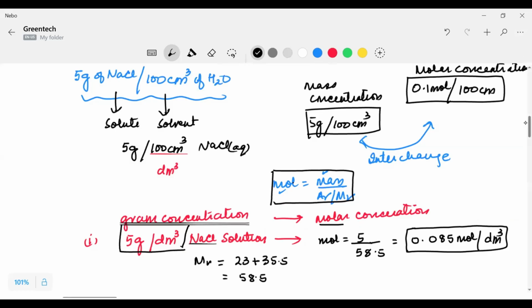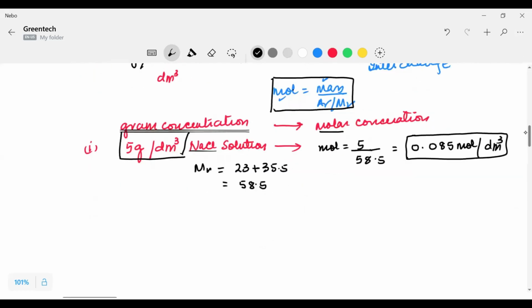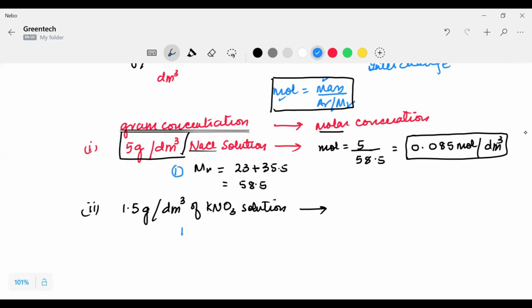Right? Got it? Now I'm giving you a similar question. I have 1.5 grams per dm cube of potassium nitrate solution, and you have to convert it into the molar concentration. Come on. Step one is that you will be calculating the MR, the MR of potassium nitrate.